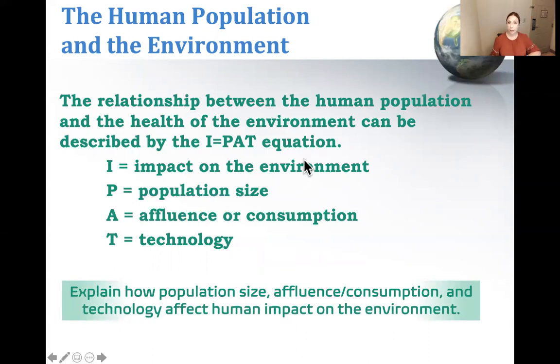The P stands for population size, A stands for affluence or consumption. Affluence, remember, refers to the general wealth of a population, like how much money they have. And the T is technology. So here I put on the bottom, explain how population size, affluence and consumption, and technology affect human population impact on the environment.